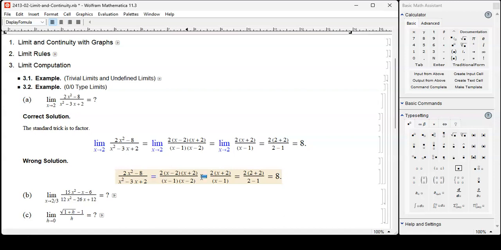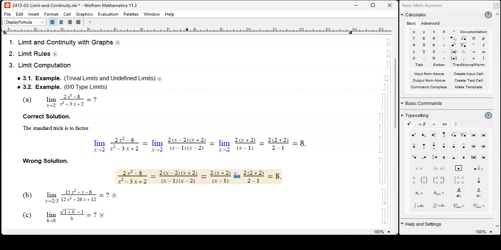The second expression is not very good, because I crossed these two out. So eventually I ended up with a different function. These two expressions here and there are almost the same, but not exactly the same. So this is a bit problematic.